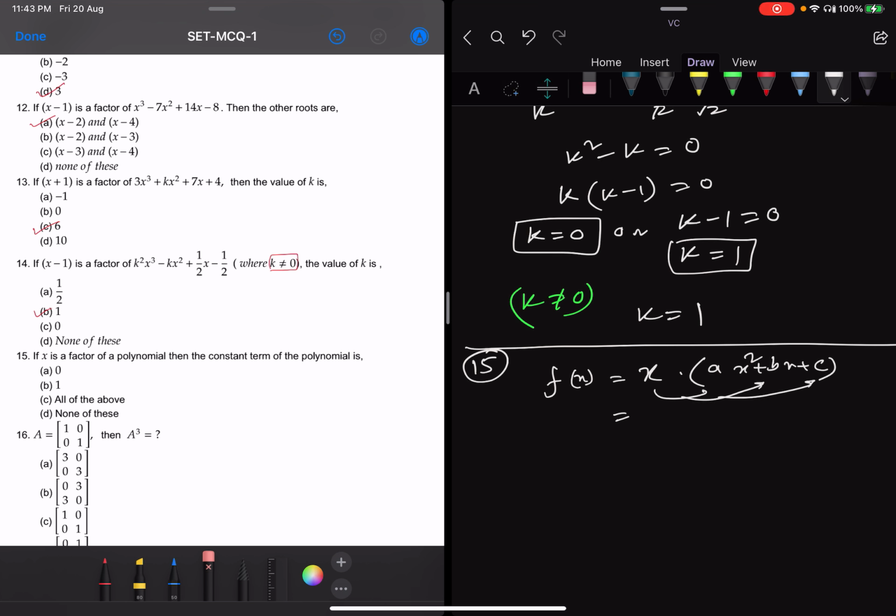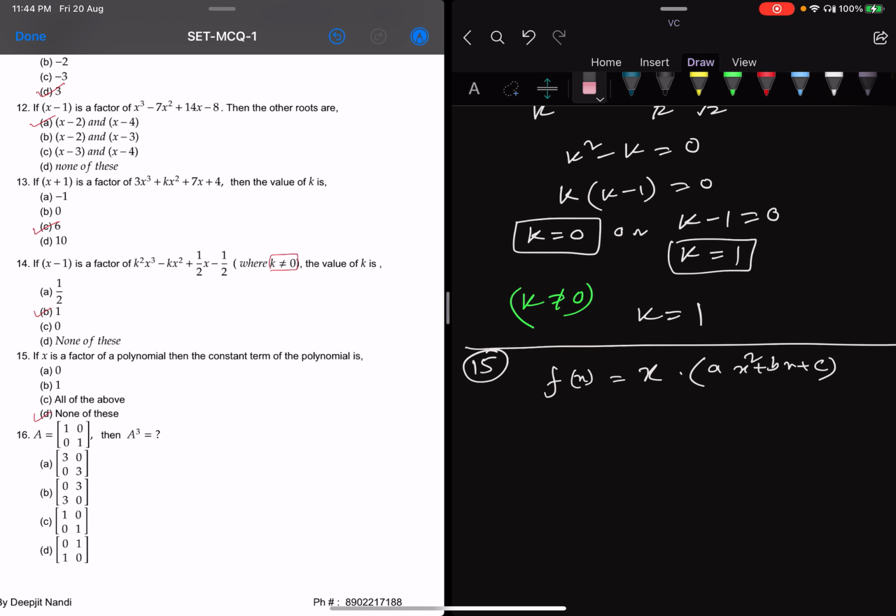There will be no fixed constant term. So that's why if x is a factor of a polynomial, then there is no constant term. That means the answer will be none of these.